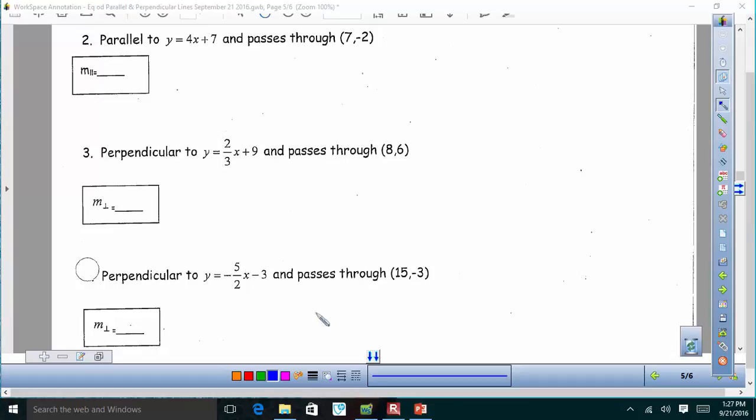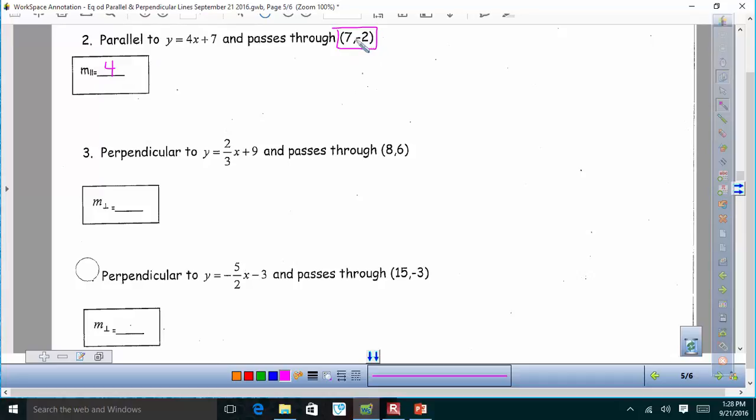Okay, so in number 2, they want us to find a line parallel to y equals 4x plus 7 that passes through the point 7, negative 2. So what would the slope be for a line if it's parallel? It would be the same. It would be 4.